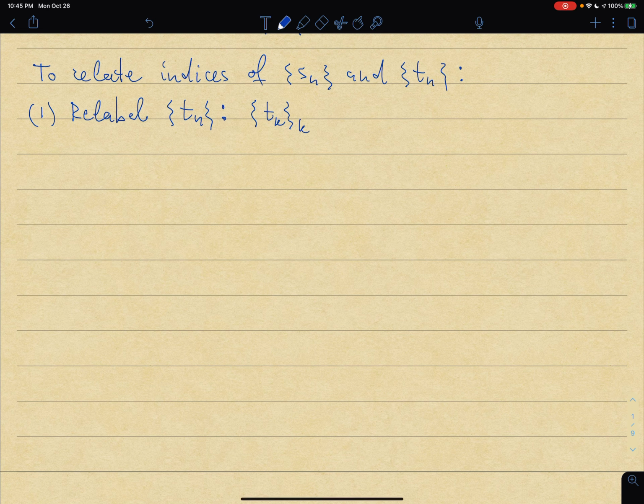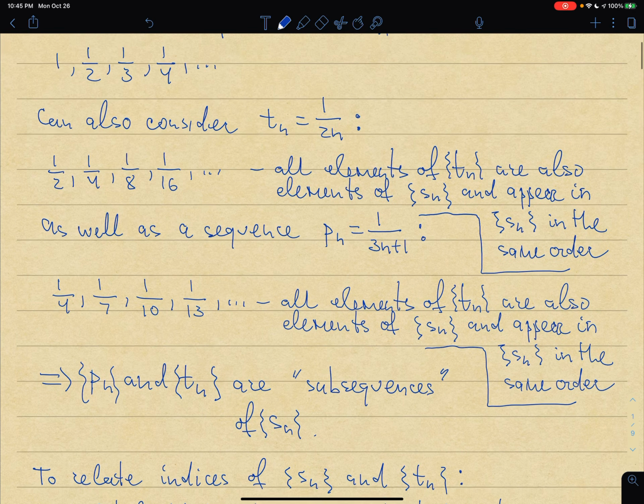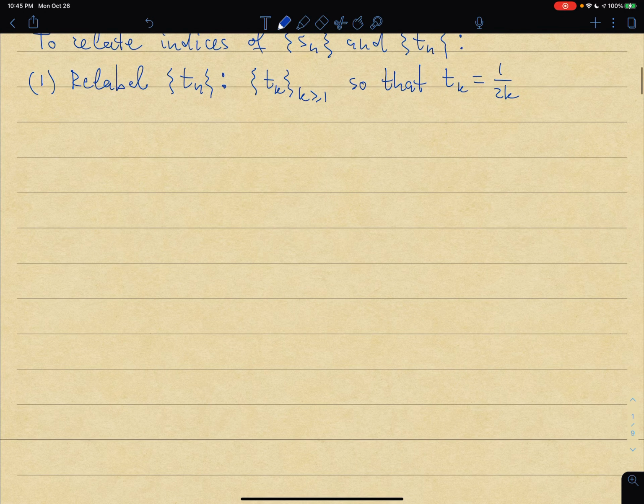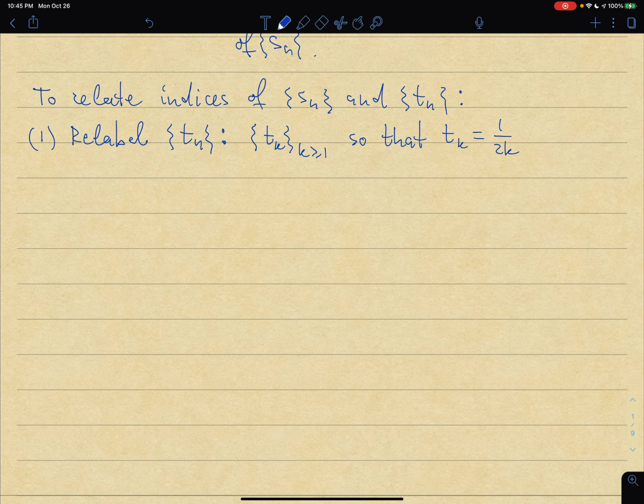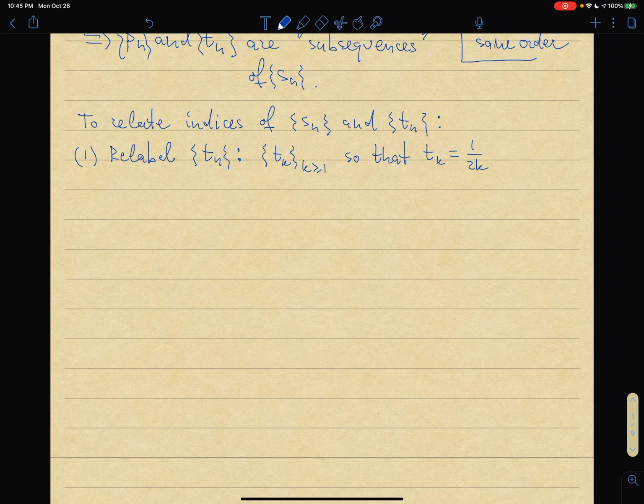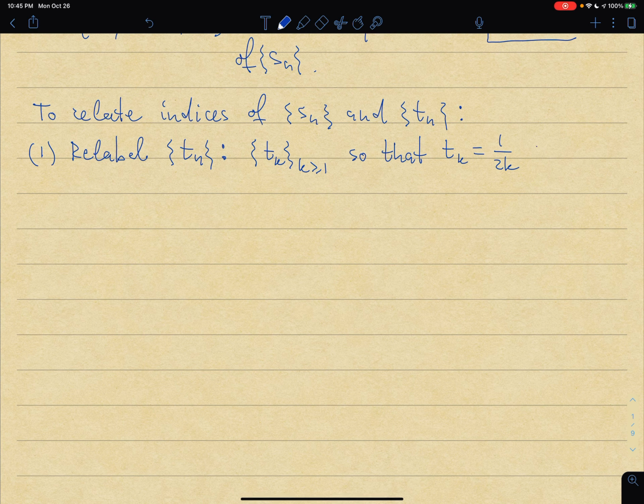So k is still greater or equal than 1. And the formula for Tk is 1 over 2k. In fact, Tk equal to 1 over 2k, I can also write as follows.